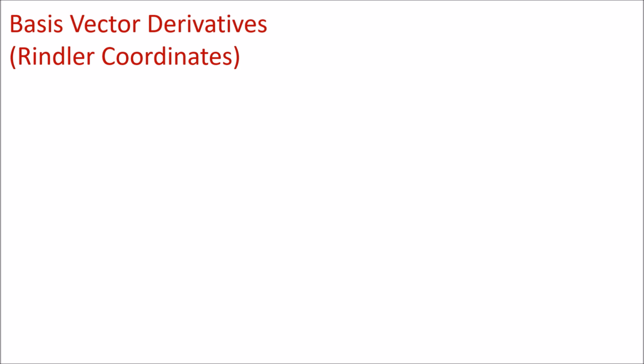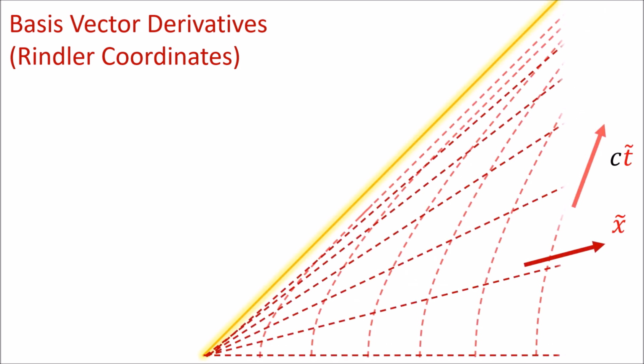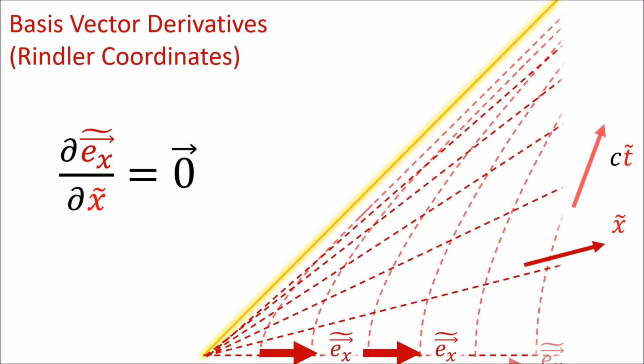We spent the previous parts of this video doing exactly this for Rindler coordinates. We found that the derivative of e_x tilde in the x tilde direction is 0, which makes sense since if we look at the e_x tilde basis vector in Rindler coordinates and watch what happens if we move along a line of x tilde, the vector stays the exact same.